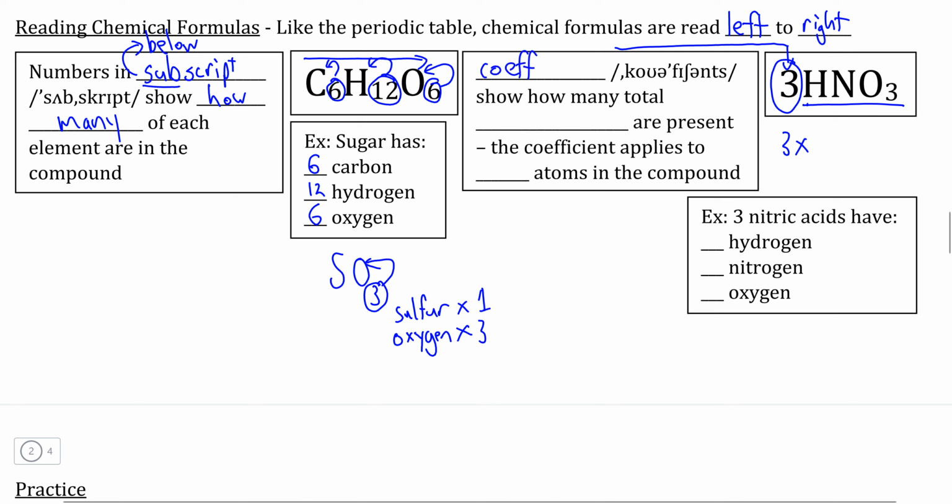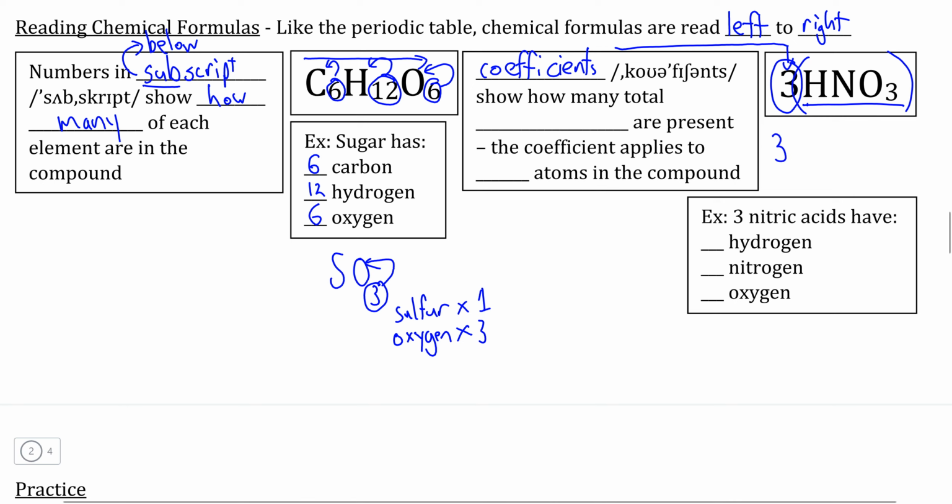This is what we call a coefficient, and students that have also taken the right mathematics course will know that a coefficient is a number that you put in front of another number, usually a variable, and the way that the coefficient is applied to a chemical formula is similar to the way that it's applied in math.